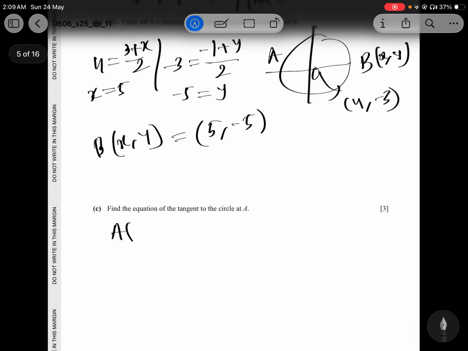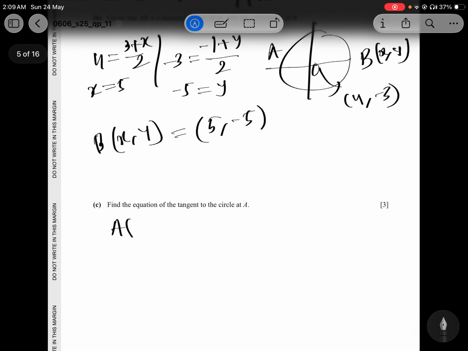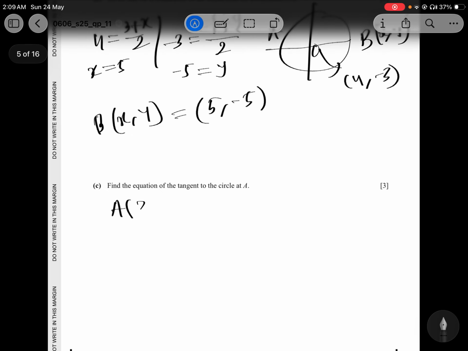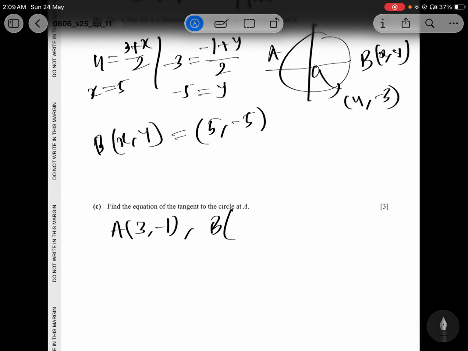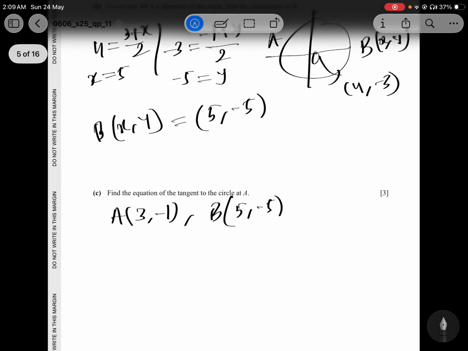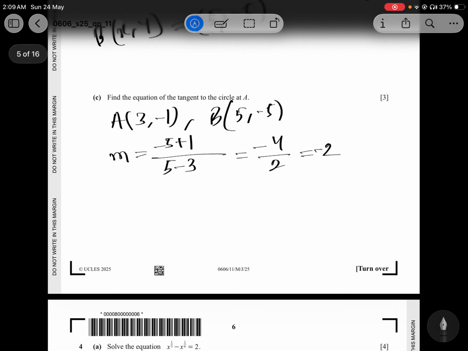So our A is 3 comma minus 1, and our B is 5 comma minus 5. The gradient m is minus 5 plus 1 over 5 minus 3, so here is minus 4, here is 2, which is negative 2.